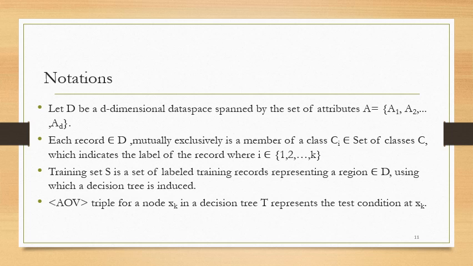We have talked about the training set S and the region R. And to compute the problem, we have used AOVs because we wanted to represent the decision tree in some kind of format.